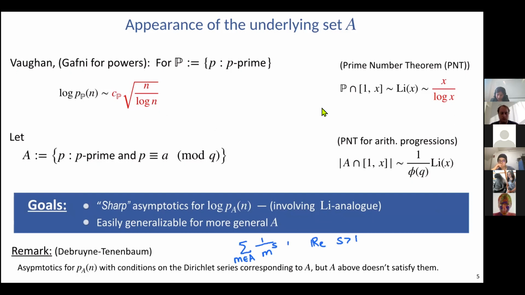So they have a condition on this function, which is a complex function now: that it has a meromorphic continuation to the left of the origin. However, when you are talking about primes, this condition is not satisfied. So we can't really make use of their theorem. So we really have to get our hands dirty and do all the calculation here.